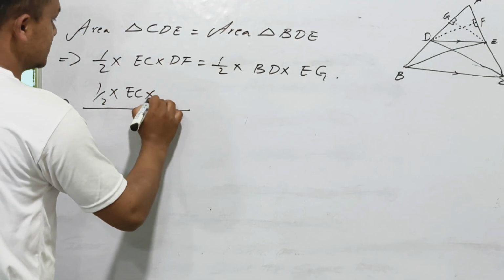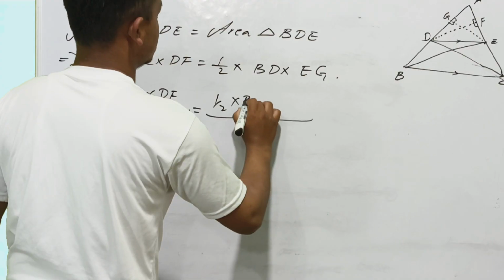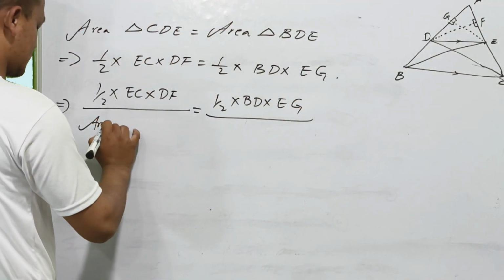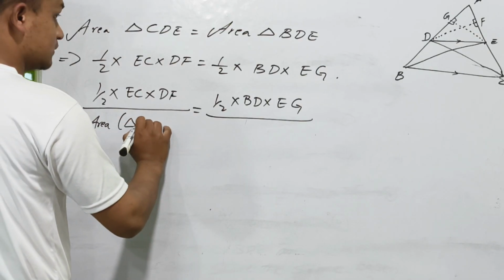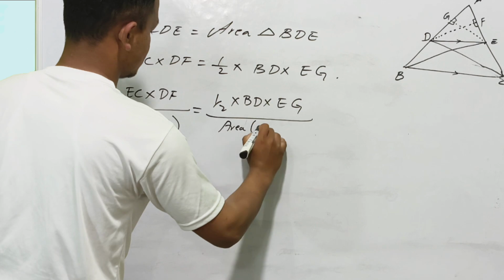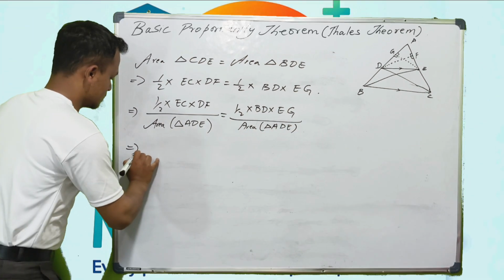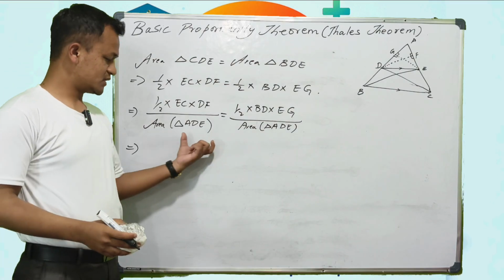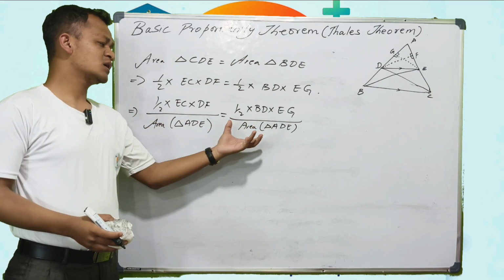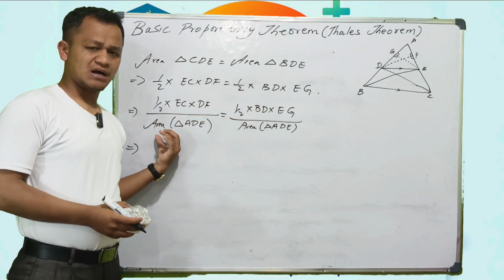So half EC into DF is equal to half into BD into EG, divided by area of triangle ADE is equal to area of triangle ADE. Okay, so I think we understand here, if we divide both sides by area of triangle ADE, it has no effect on the equation since both the areas are equal.